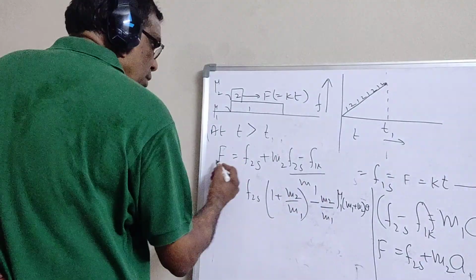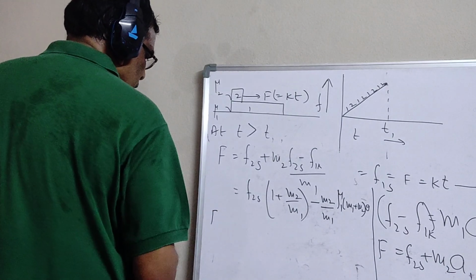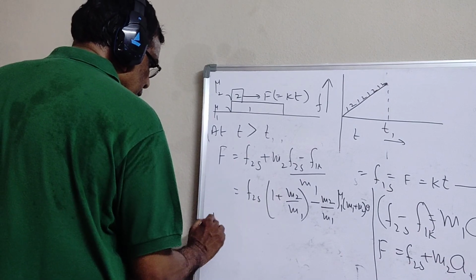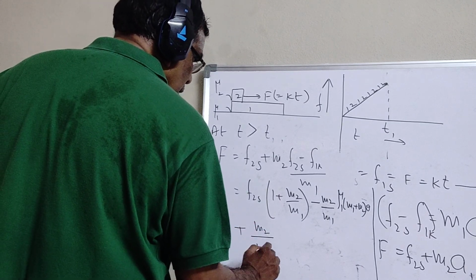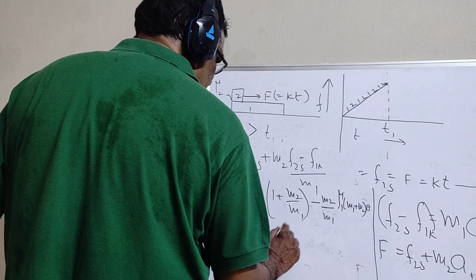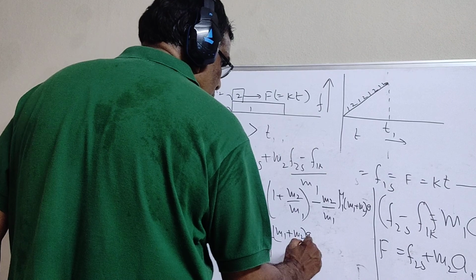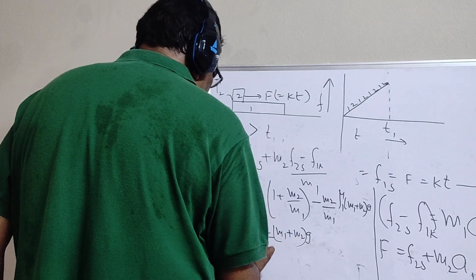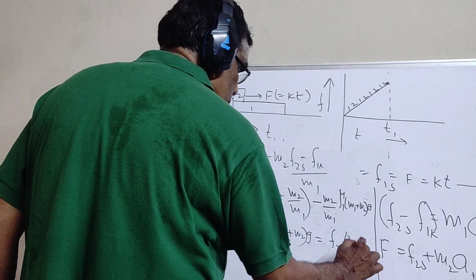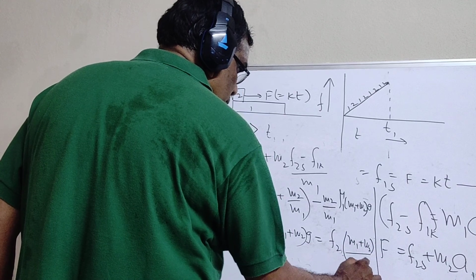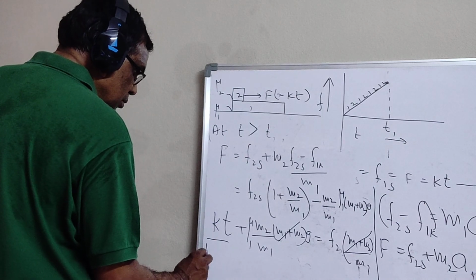Okay. Now you bring everything onto this side. What do you get? F, which is KT, plus M2 by M1 times M1 plus M2 into G into mu1 M1 is equal to F2s into M1 plus M2 by M1.